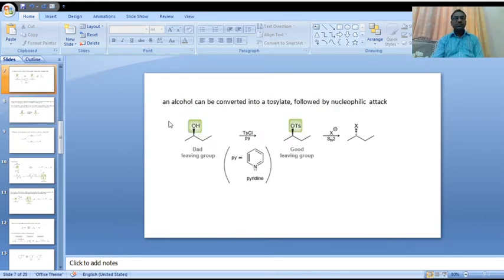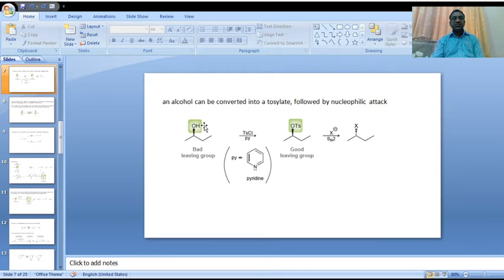Here is a secondary alcohol with a bad leaving group, reacting with tosyl chloride in the presence of pyridine.